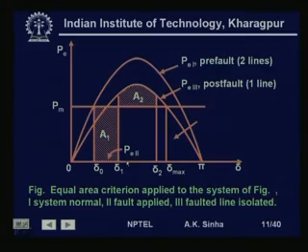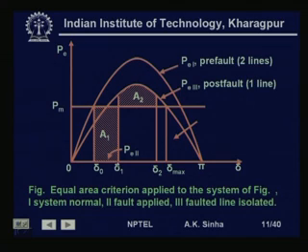If you clear your fault later, suppose we clear it up to this point, then the accelerating area available will come up to this point and the decelerating area available may not be enough, that is A 2, the maximum A 2 which is available, may become less than the accelerating area which is there, and the system may become unstable.